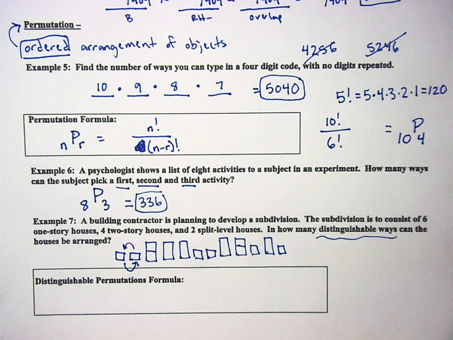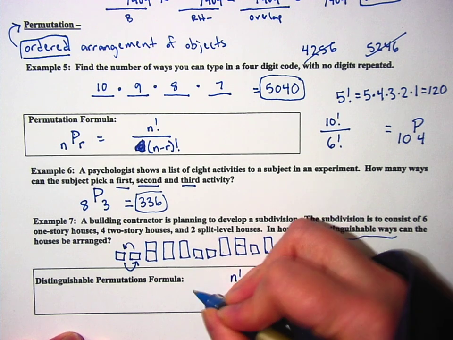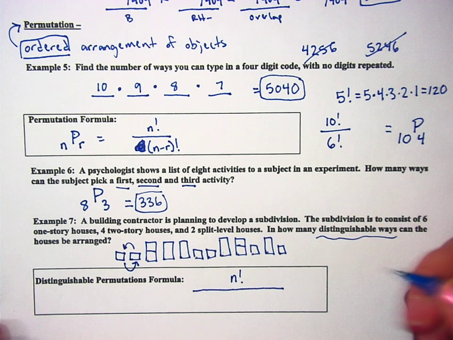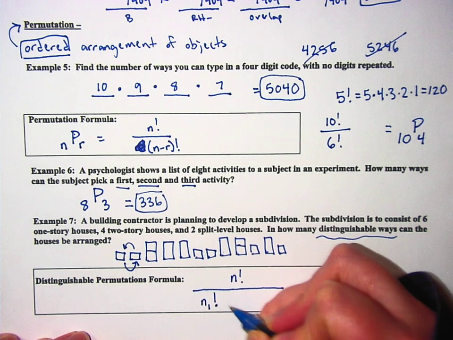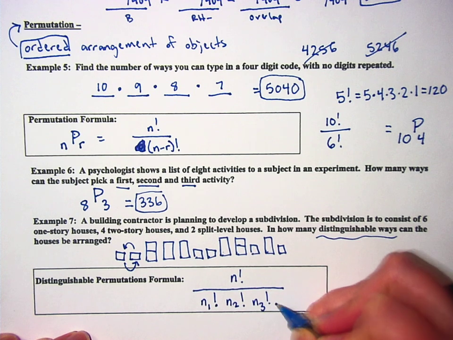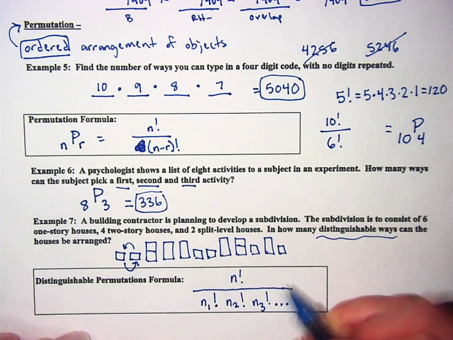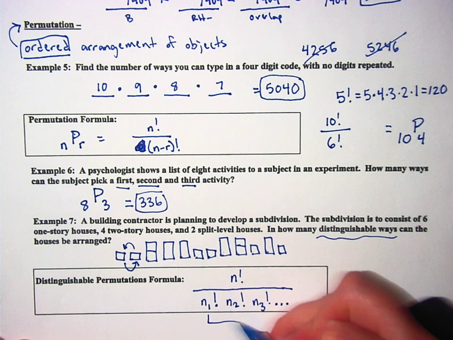So the distinguishable permutations formula is n factorial on top, where n is how many different total things you have, and then n sub 1 factorial on the bottom, n sub 2 factorial, n sub 3 factorial, etc. Where n is your total choices, and then n sub 1 are like all how many are in each different kind. So these are like the different kinds.